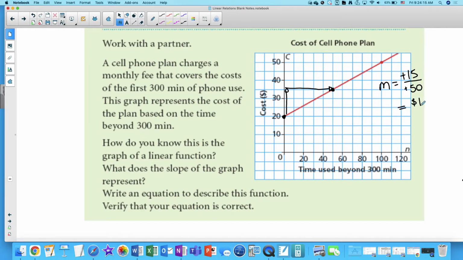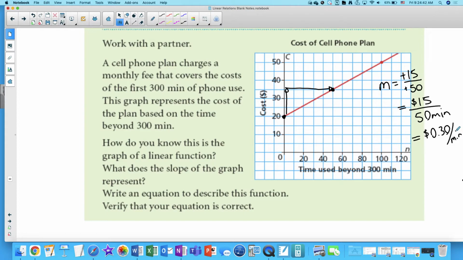So this is $15 per, the horizontal is minutes, 50 minutes. Okay, and in this case, I would actually probably figure out the unit rate. What's the cost per minute here, right? So 15 divided by 50 is 0.3. This is 30 cents per minute.